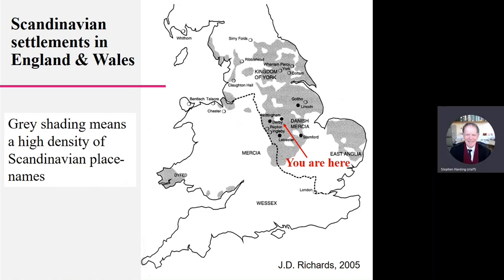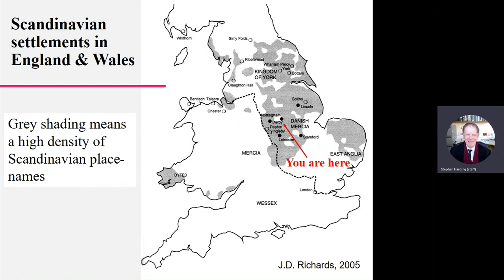By is a Scandinavian name meaning a village or settlement. Asfordby, Frisby, Barkby. I got married in a place called Thurnby, which is just outside Leicester. Dalby, Freeby. All these places, the whole area is full of Scandinavian names.